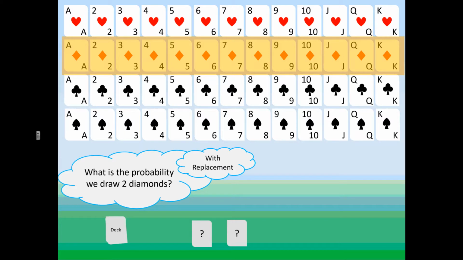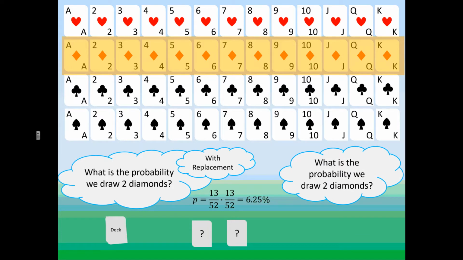We pull the card, we put it back, we shuffle it up, and then we draw a second card. So because we could get that first card twice, we have 13 out of 52 both times, which means a 6.25% chance that we get 2 diamonds.